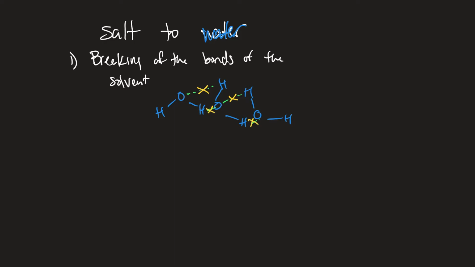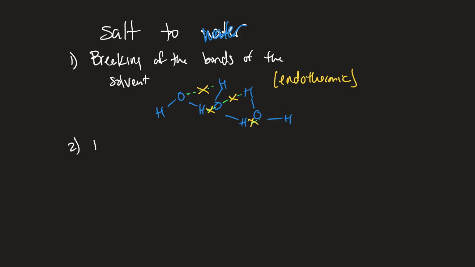This process is an endothermic process. It takes energy. Why does it take energy? It always takes energy to break up bonds. Anytime you're breaking any type of bond, a chemical bond, or an intermolecular force, whatever the case may be, it's an endothermic process. It takes energy for this to happen. So that's the breaking of the bonds of the solvent.